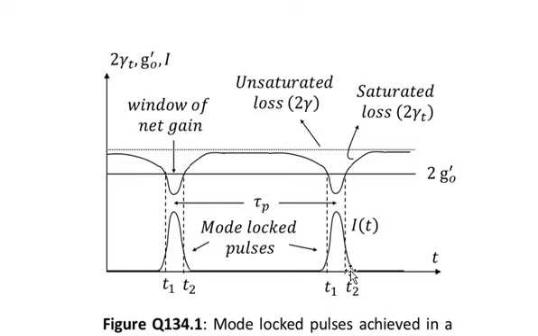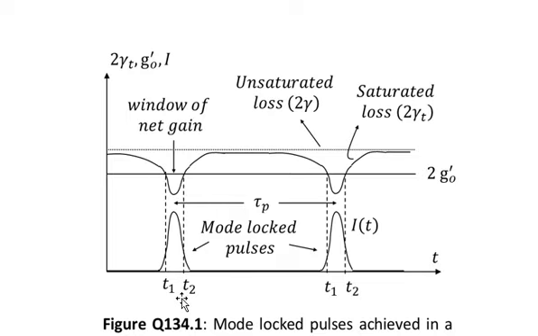All the pulses which are below this value will not pass through the absorber, because the absorber will present a maximum loss to them, and they will appear like this, because in this region the absorber is in the unsaturated condition, presenting a maximum loss.